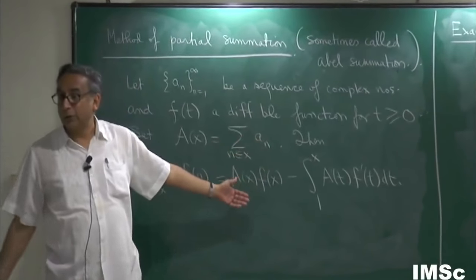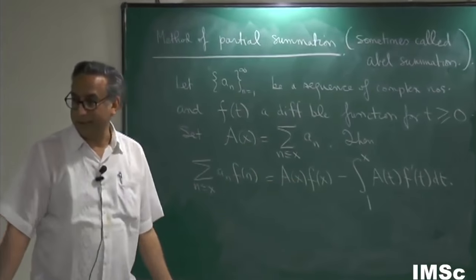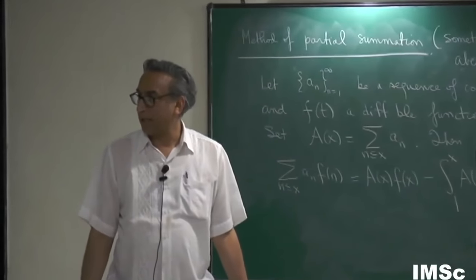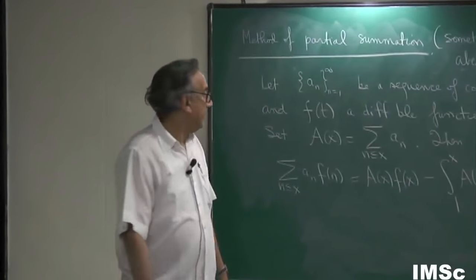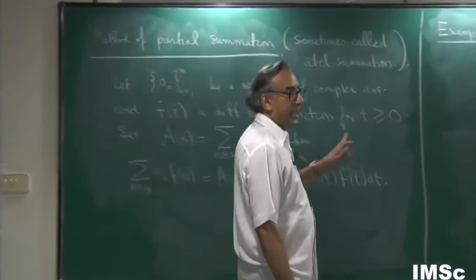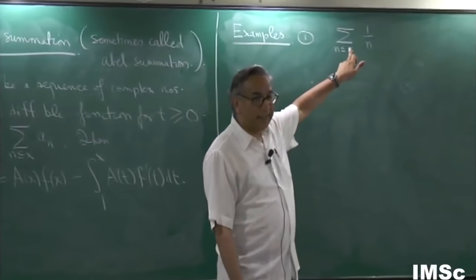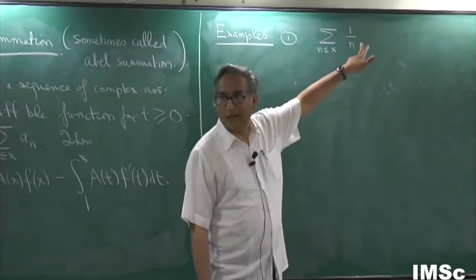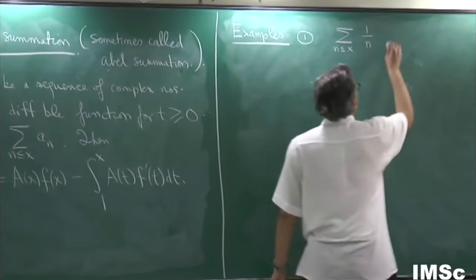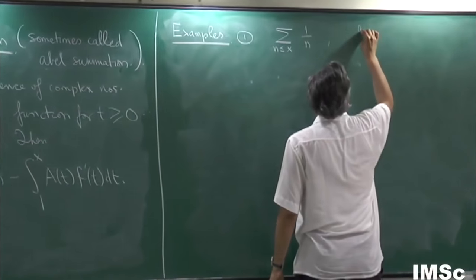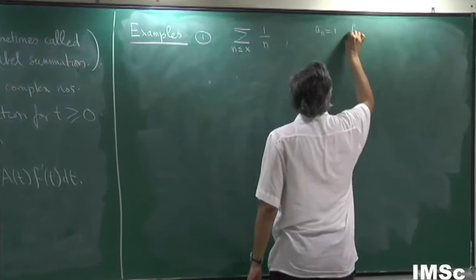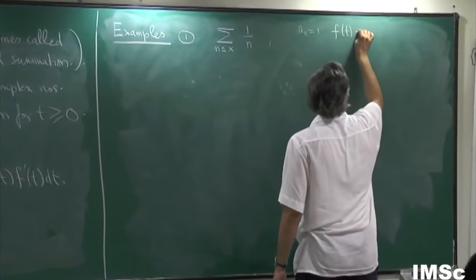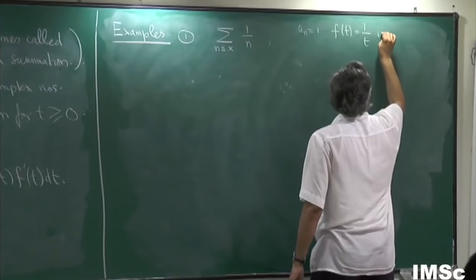That's exactly what I'm trying to do. So why would you pick that? You should pick a sub n to be something you already know. So probably I should pick a sub n to be 1 and f of t to be 1 over t in Abel's lemma.